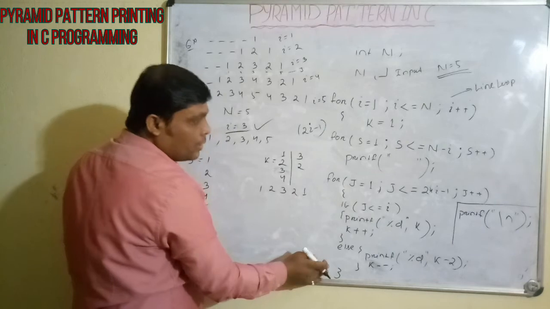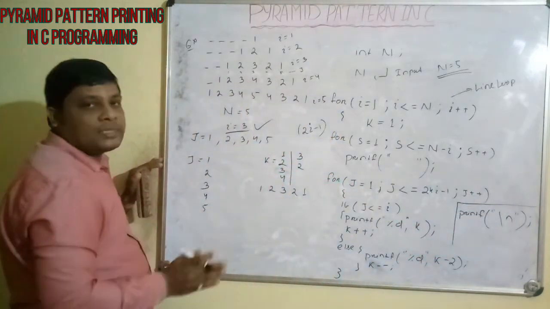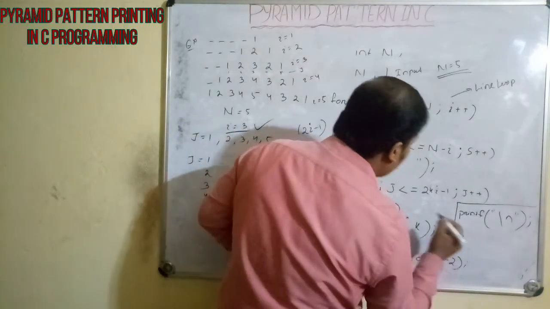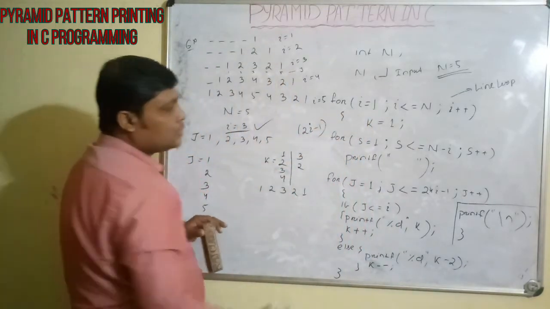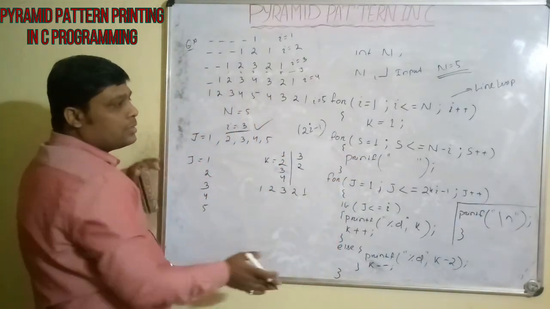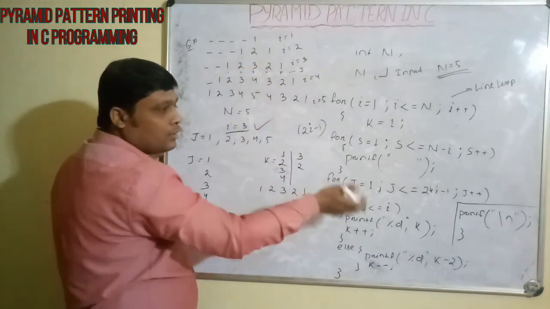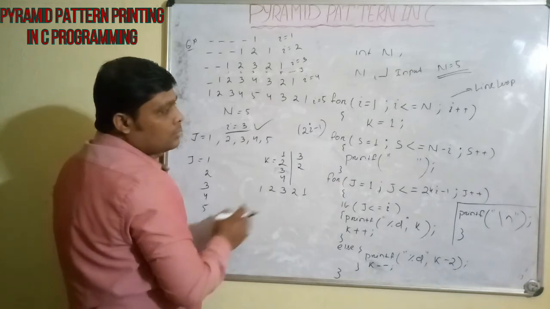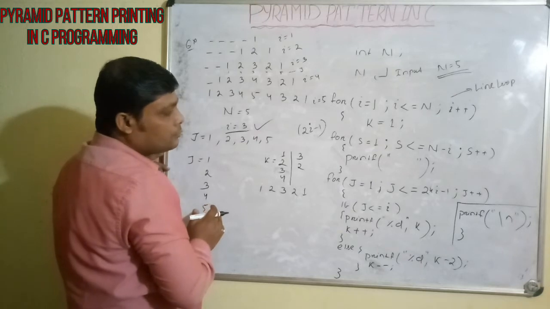So after j loop, inside I loop, we have to write printf backslash n. Clear? Now this is the end of this I loop. Here this is a space loop. Clear? This is a small code to print this structure. You can dry run this code. Clear? This is the logic part to print this structure.